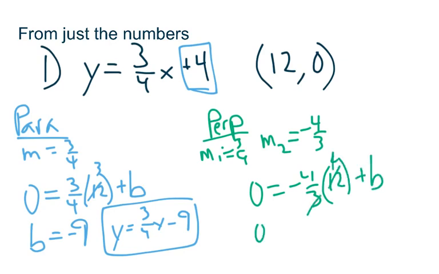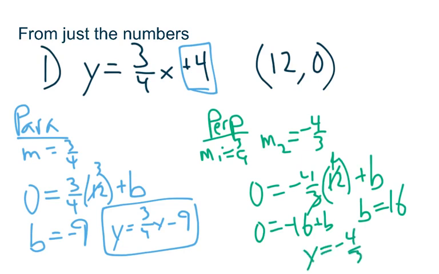That's -16, so 0 equals -16 plus b. So b equals 16, and then y equals -4/3 x plus 16. And that's how we would do it just from the raw numbers.